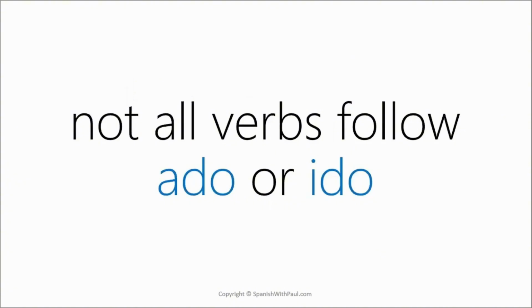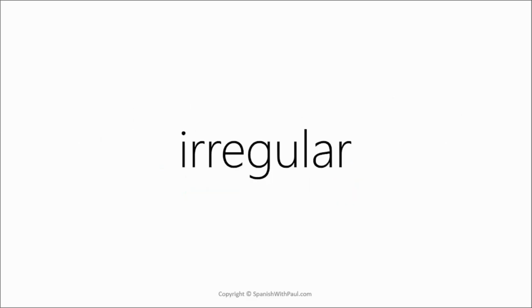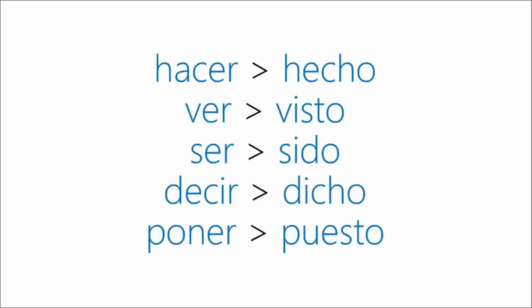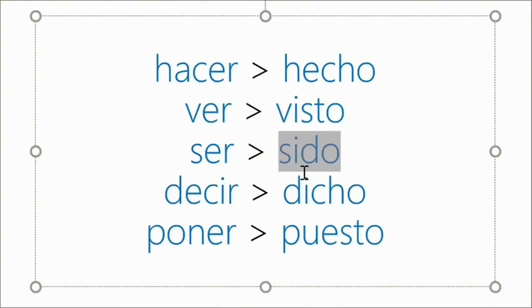Not all verbs follow this ado or ido sound. We have irregular verbs that do not obey those rules. Some examples would be hacer going to hecho, ver going to visto. Here with ser going to sido, it's not necessarily an irregular sound because we have that ido and it is an ER verb, but it's still important to recognize and remind ourselves again that the past participle of ser is sido.